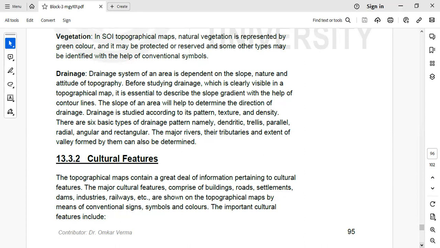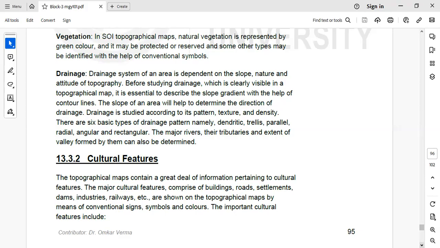So the other feature is vegetation, whose information we can extract from a topographical map. In topographical maps, the natural vegetation is represented by the green color, and vegetation may be protected or reserved, and some other types may be identified with the help of conventional symbols.